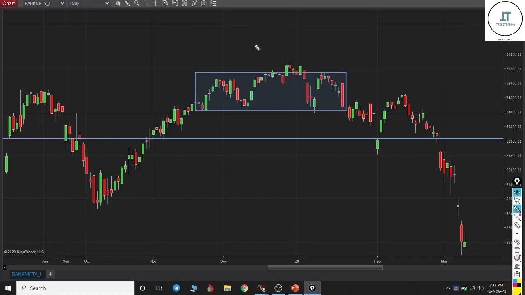So coming back, this is 2 months of auction. Now price made a breakout. What I will suggest is, as this rule has not been satisfied, we need to wait.